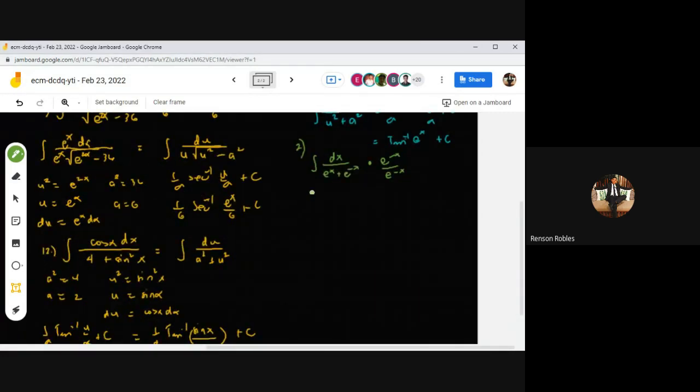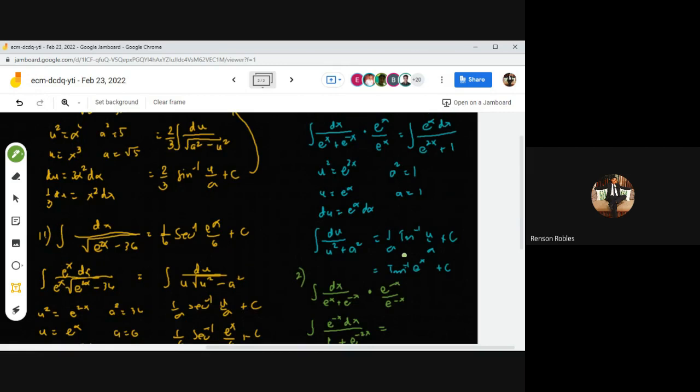That's integral of e to the negative x dx all over e to the negative x times e to the x. It's e to the 0, and that would be 1, plus e to the negative x times e to the negative x. It's e to the negative 2x. Okay? Can you give me the answer by following the same process?